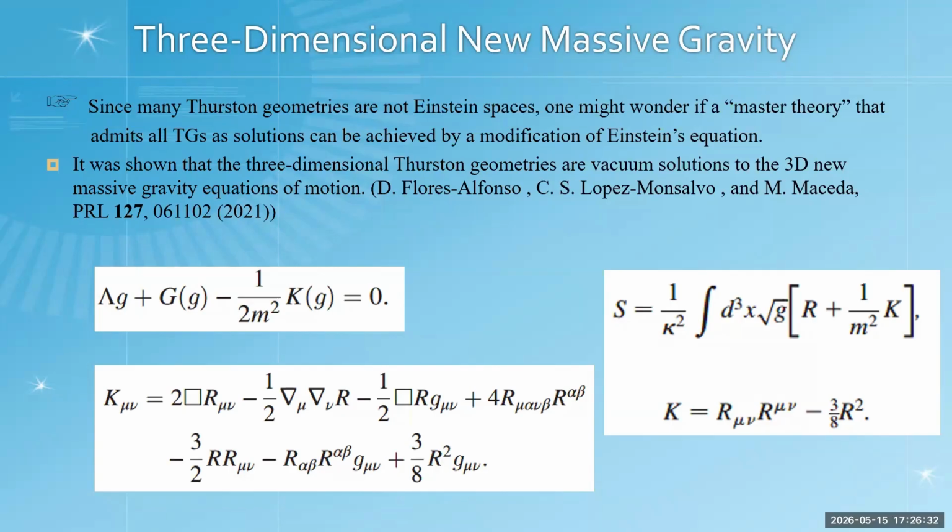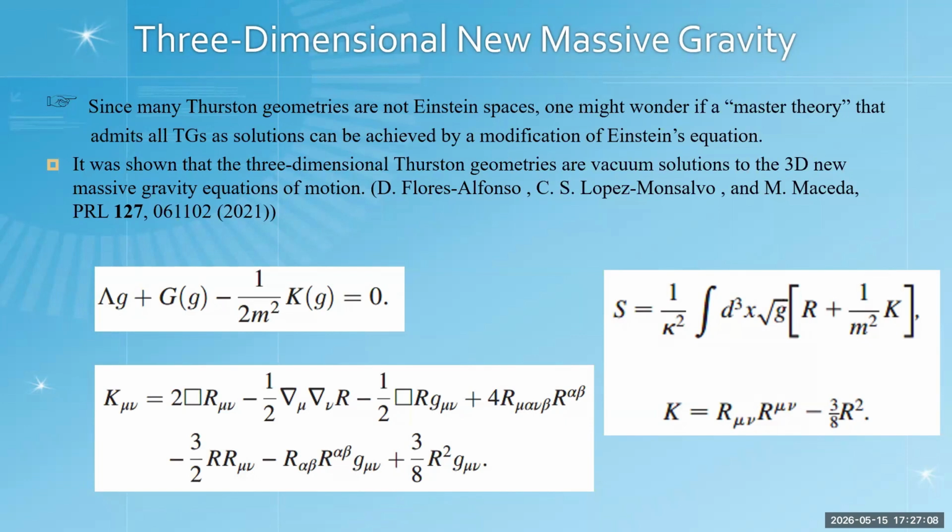But Dennis considered a more general class of quadratic theory, and they also claim they can accommodate all eight Thurston geometries by this quadratic gravity. I like this one because this is a unitary theory. No ghosts, but with this modified equation, we can accommodate all Thurston geometries as a vacuum solution.